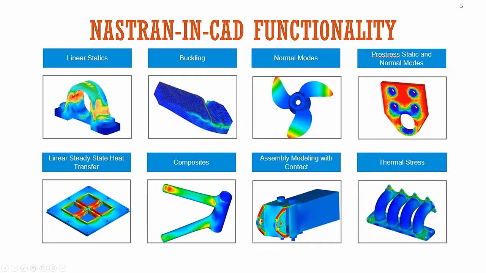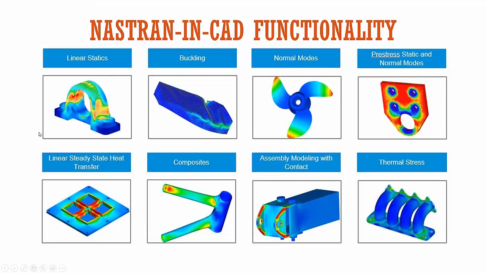Hi guys, so I'll tell you about some of the functionality in Nastran. We'll start with linear statics. Stress, strain, and deformation are computed using loads and constraints. For a linear static analysis, the graph of stress versus strain is almost a straight line, and it goes up to the elastic limit.